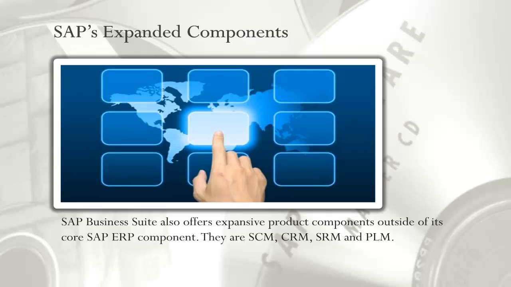These components include SCM, which is Supply Chain Management, CRM, which is Customer Relationship Management, SRM, Supplier Relationship Management, and PLM, Product Lifecycle Management. Let's take a look at some of the features contained within these expansive components.